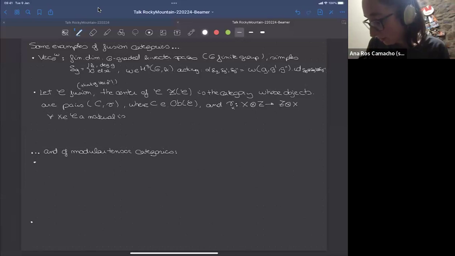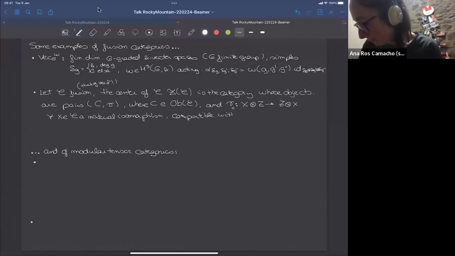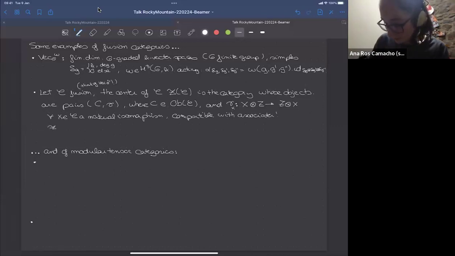And of course, this half braiding needs to be compatible with the associator. What we know is that the center of a fusion category is also fusion.